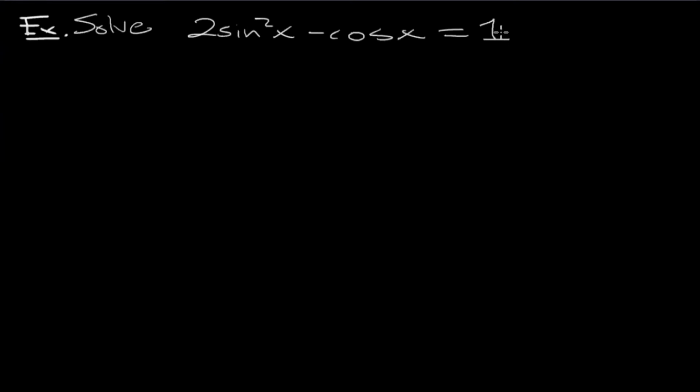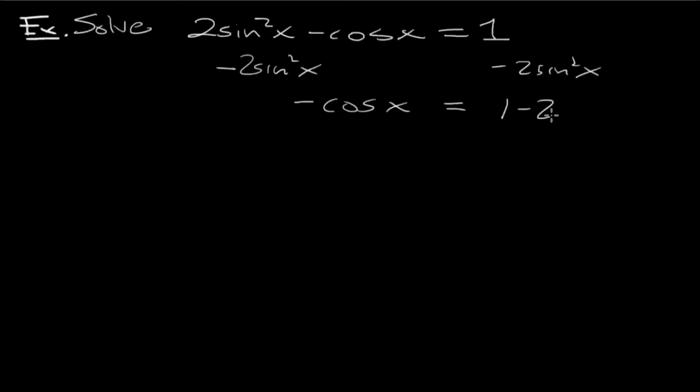many different functions. There is a trap that people will fall into, because if you take this function right here and subtract 2 sine squared of x from both sides, you end up with minus cosine of x equals 1 minus 2 sine squared of x.